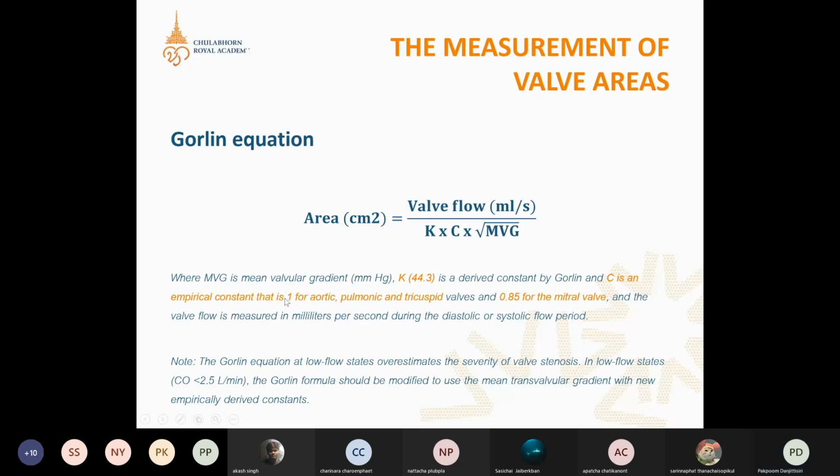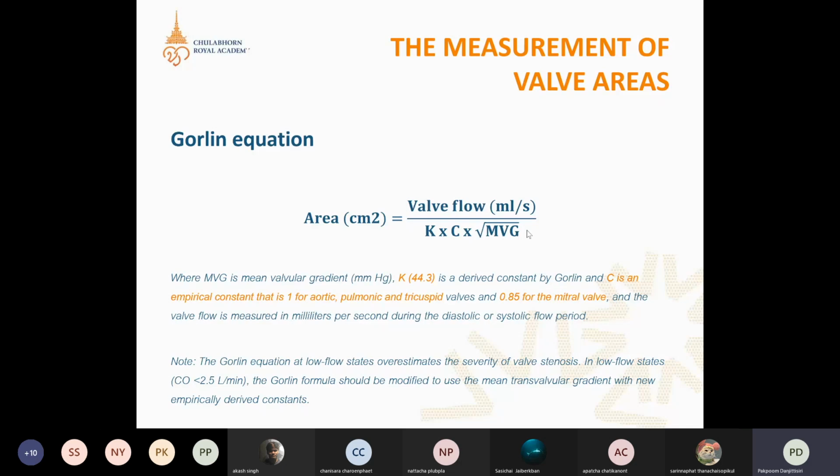But for the mitral valve, which has 2 leaflets, the C will be 0.85 in the equation. The K constant is 44.3, and then multiply with the square root of MVG, the mitral valve gradient.